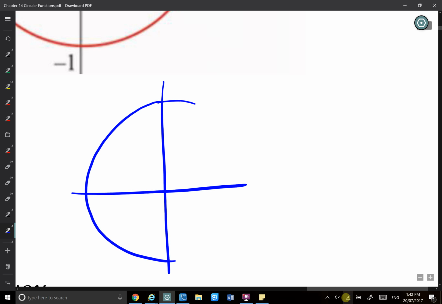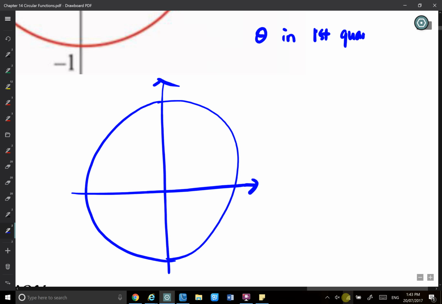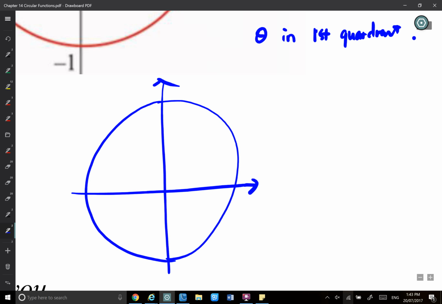If theta is in the first quadrant, I will have a point of intersection with the unit circle. What can you tell me about the x and y value of this point of intersection?